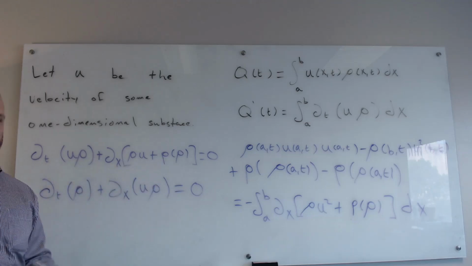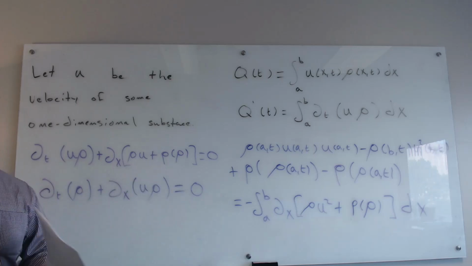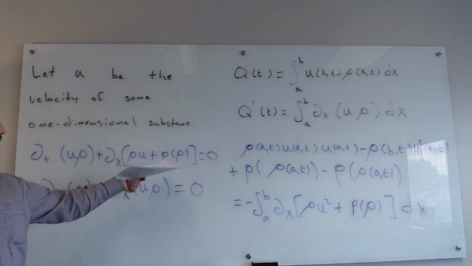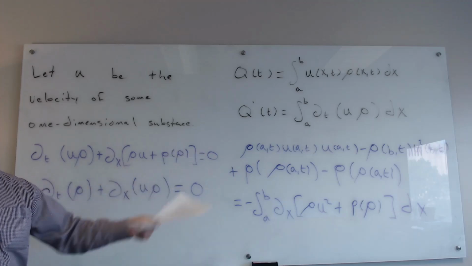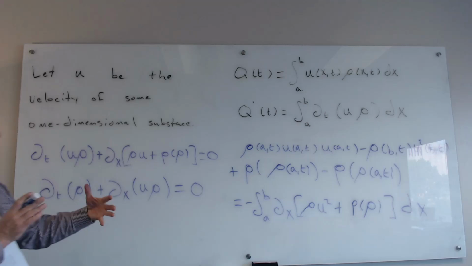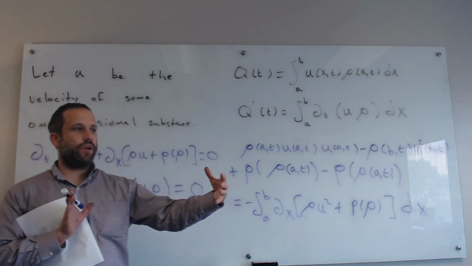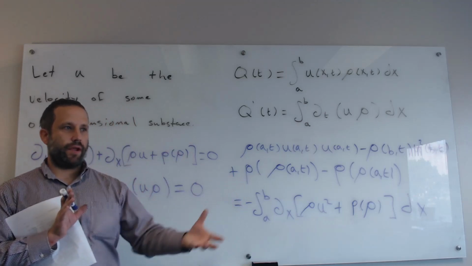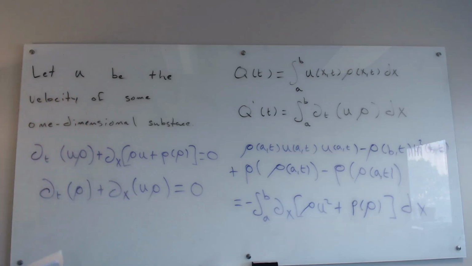The pressure function we typically know, and a lot of times it's modeled as something like p of rho equals rho squared. This says that the greater the density, the bigger the pressure. So again, we have two unknowns and a system of two equations.